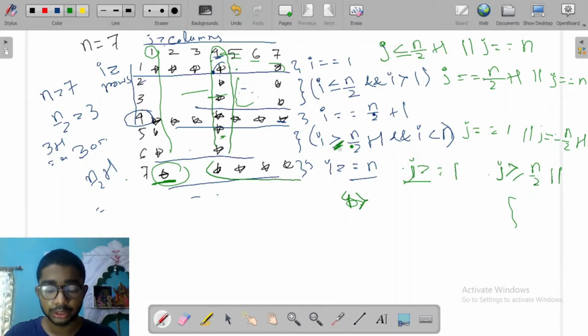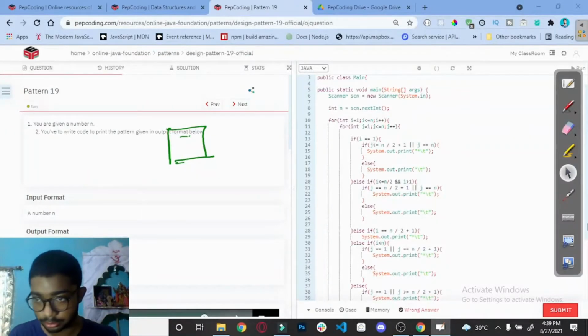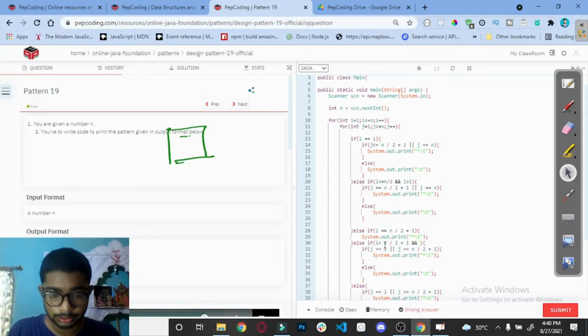It will only be greater than n by 2 plus 1, and i is less than n. So do that.